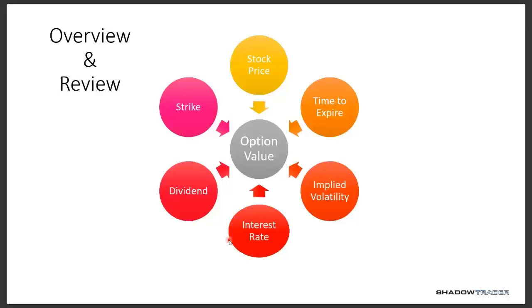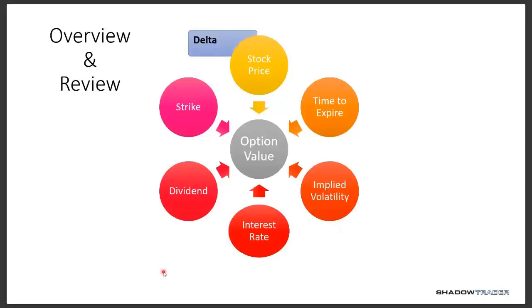This is also going to be part and parcel. As you can see, across from it is implied volatility. These two work together, because the further away that you are from the stock price with the strike, the implied volatility starts to do something kind of weird.